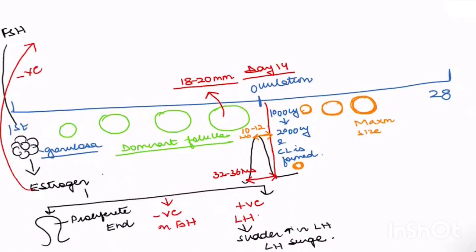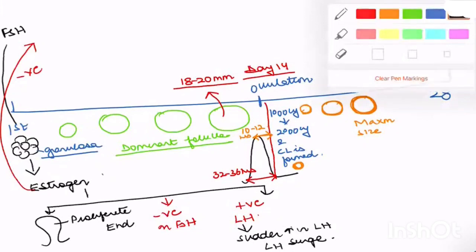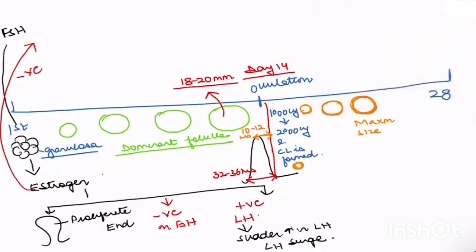Corpus luteum का maximum size कब मिलेगा? Corpus luteum का maximum size मिलेगा 8 days after ovulation. 8 days after ovulation का मतलब है 14 plus 8, that is day 22 of the cycle. Clear?